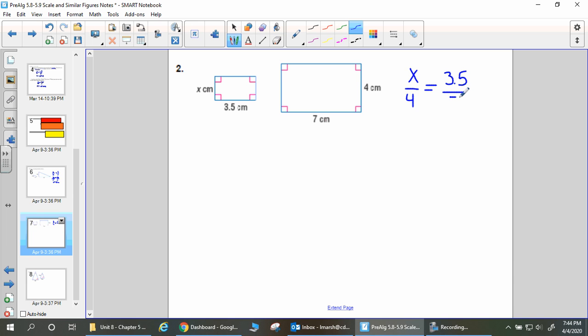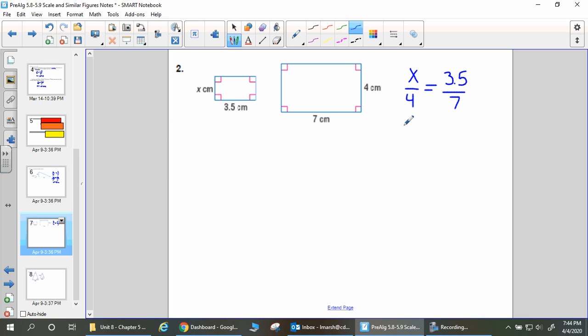When you're setting up your fractions, I always tend to put the first shape over the second shape. You just want to make sure both of your fractions do the same thing. So because I did X over 4, I have to say 3.5 over 7. I can't put the 7 on top.